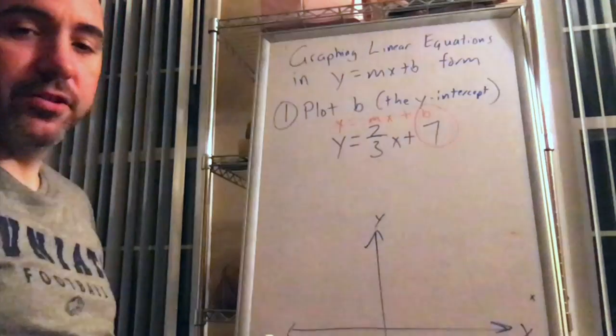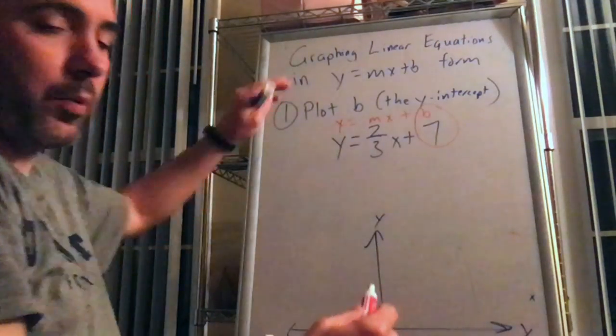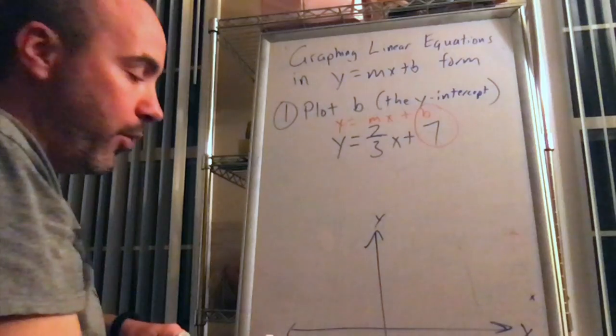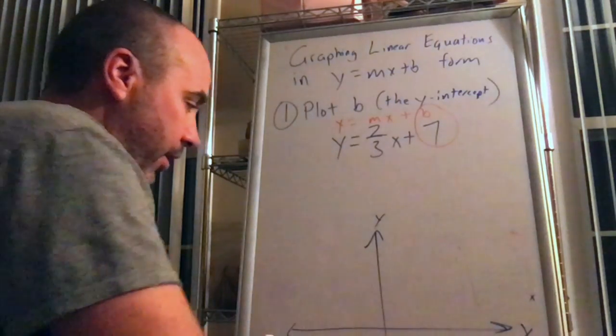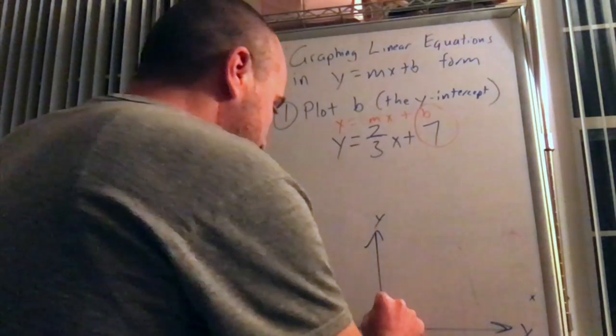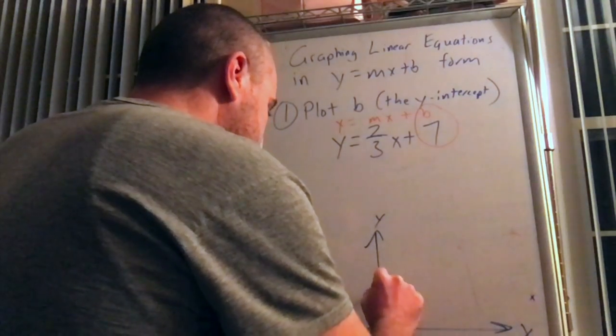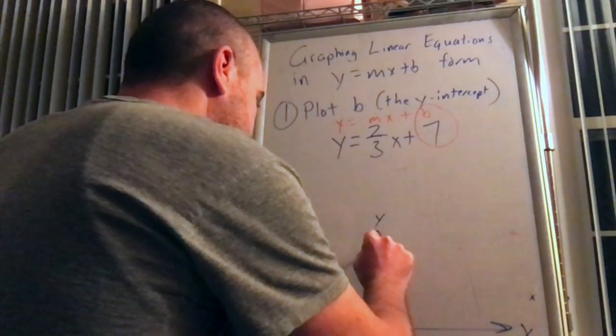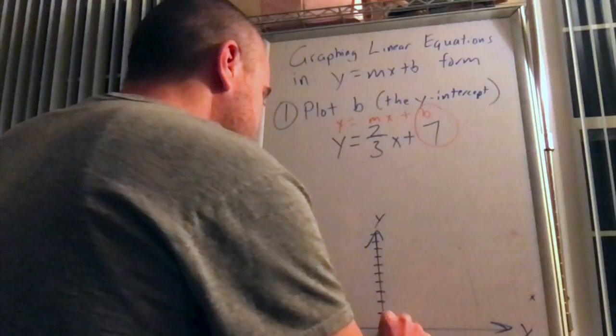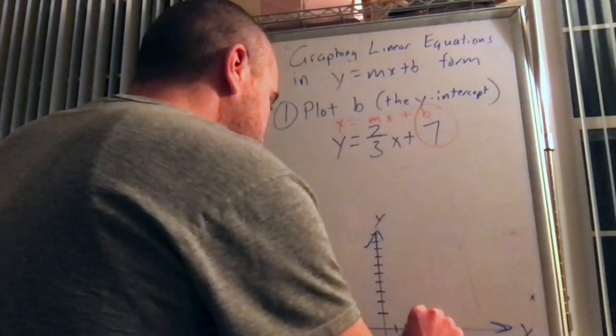So what that means is on the y-axis, I go up to where 7 is. Now obviously you'll have a graph with things labeled out. I'm going to put some grid marks on here. 1, 2, 3, 4, 5, 6, 7, 8, 9, 10. Trying to make them as evenly spaced as I can here.